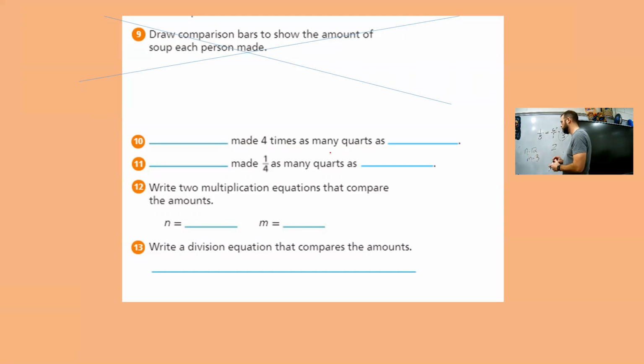So the way that we can write this in an equation is M times 4 equals N, right?